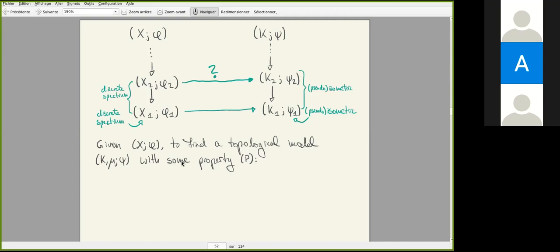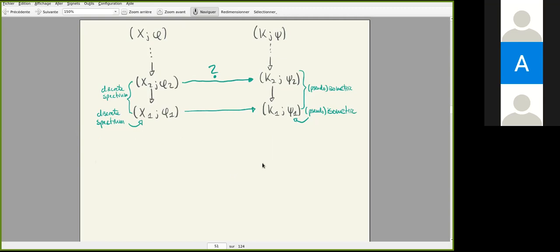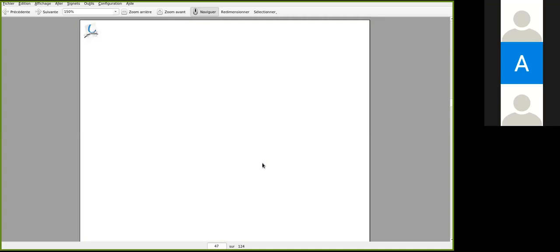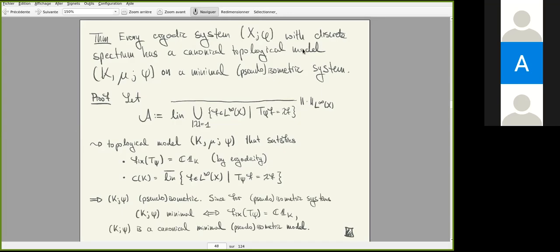Now, how do we do this? Well, how did we do it before in the very simple case that we just saw? We started with some system x phi, and we wanted to find a topological model, k mu psi, with some special property p. In the example that we saw before, this property p was that the system should be isometric. The topological model should be isometric. And to do this, what did we do?